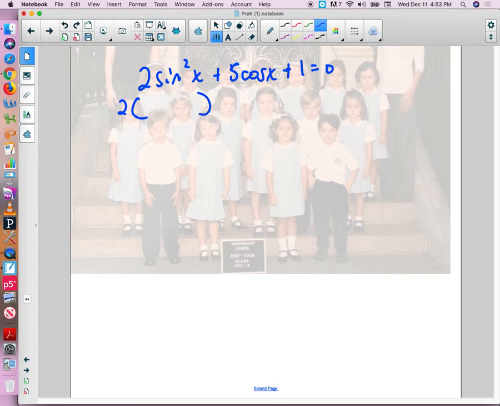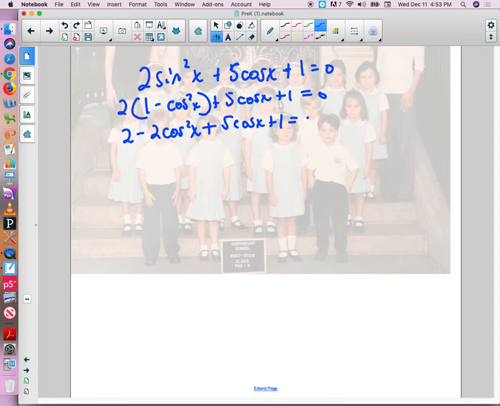I'm going to change sine squared to 1 minus cosine squared, so I can get all cosines. I'm going to move it all over here so my squared is positive. And now I'm going to factor.